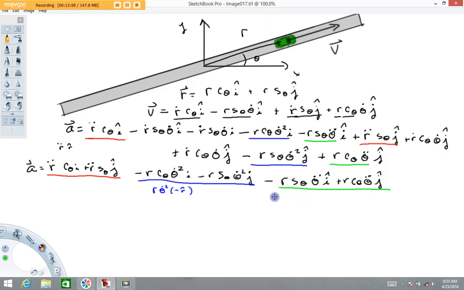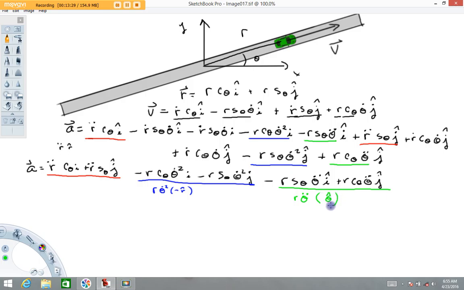So this term right here, if I write it out in green, is equal to r theta double dot, and then the direction, minus i sine theta plus j cosine theta, that is giving you what we would call the theta hat direction here, if you remember from cylindrical.